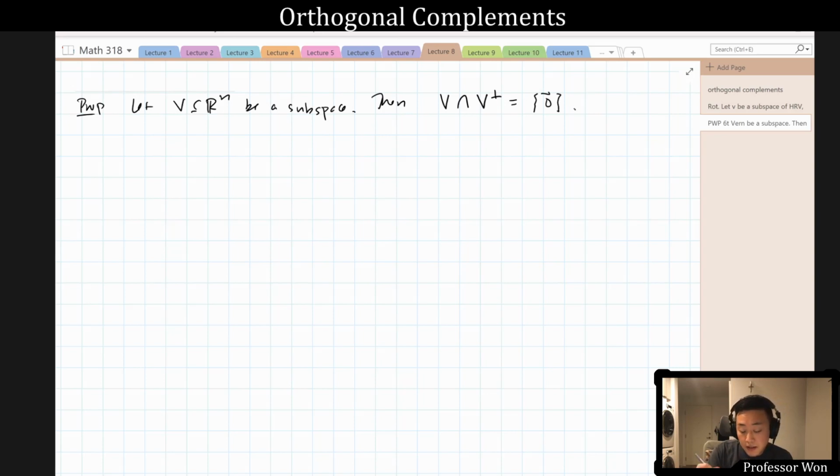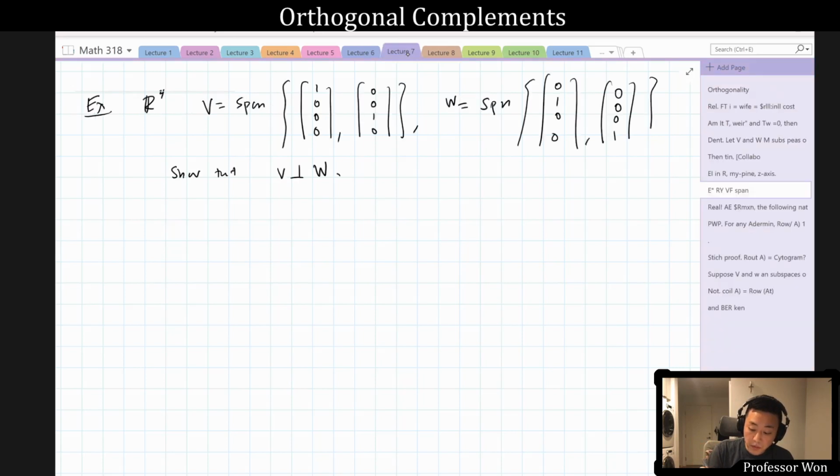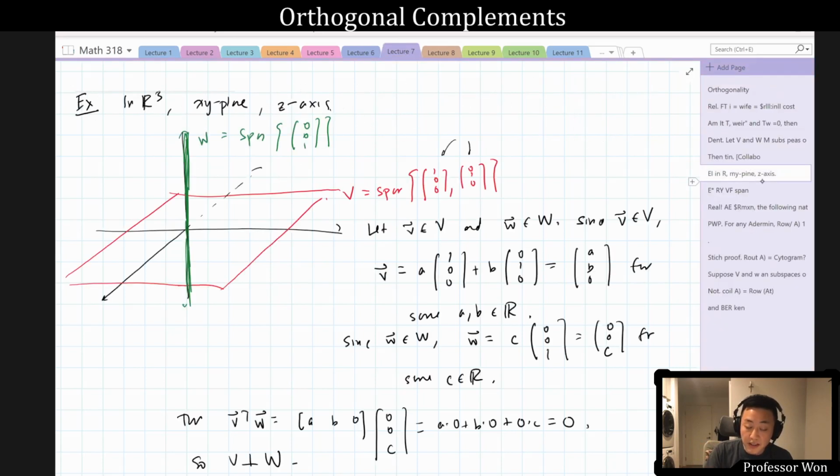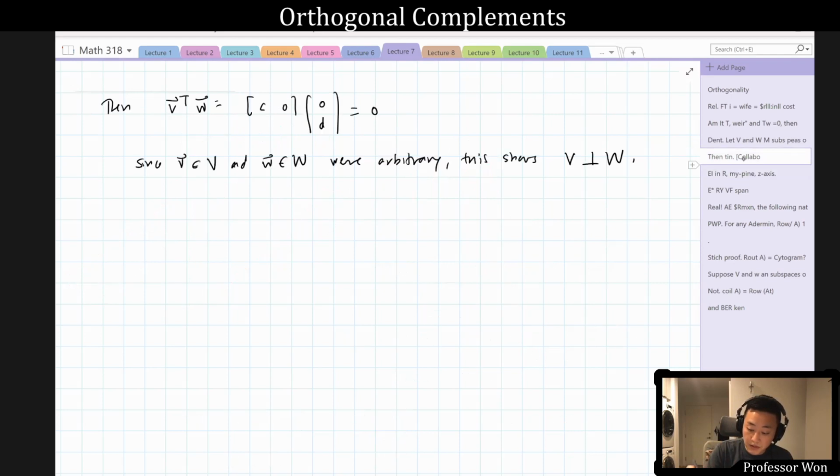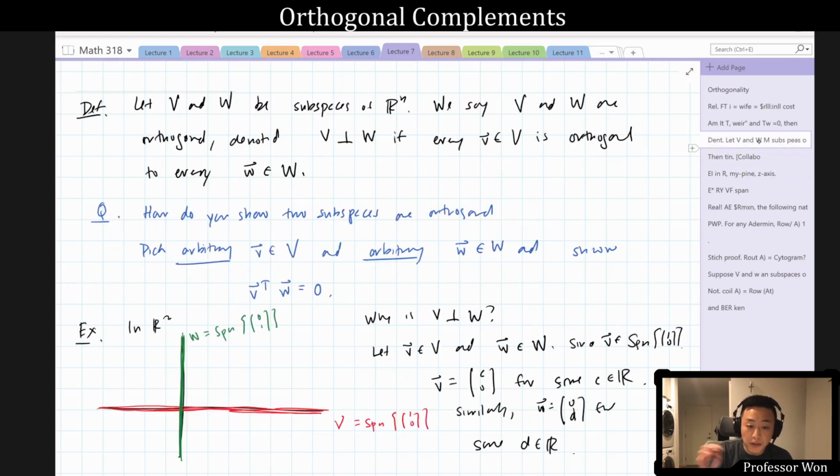Again, we sort of saw this in all of the examples so far. The z-axis and the xy plane only intersect at the origin. Same thing with the x-axis and the y-axis, those only intersect at the origin.